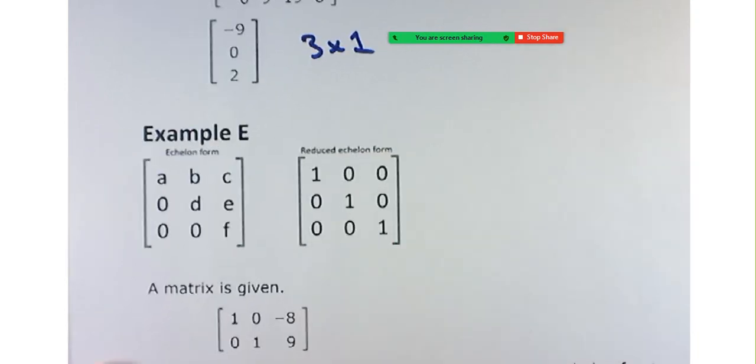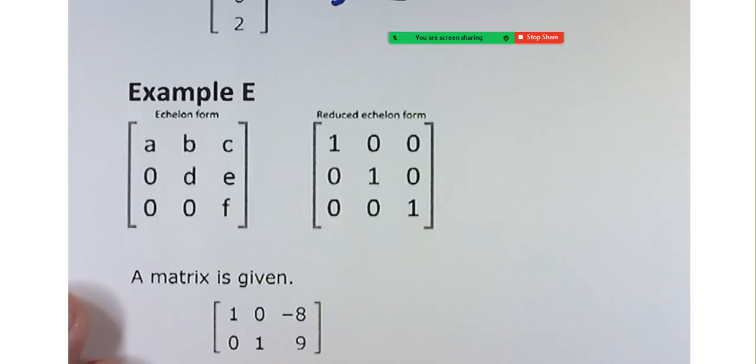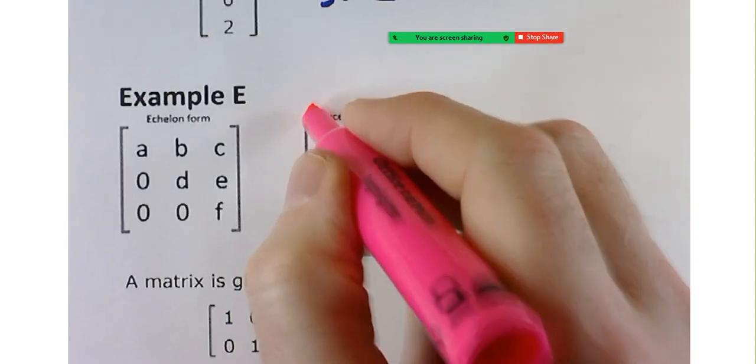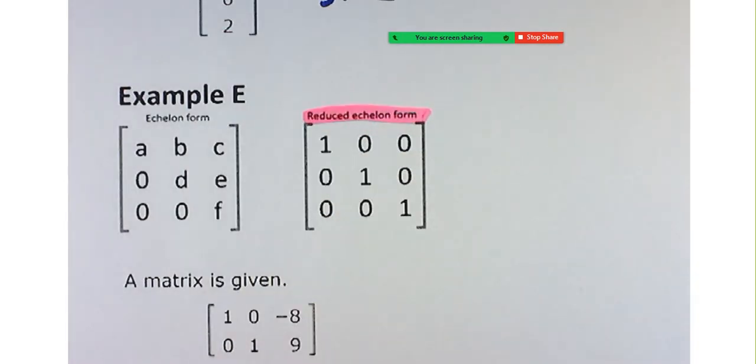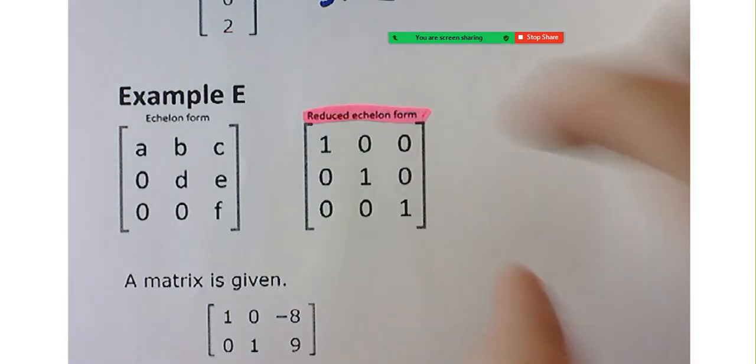Now, let me give you some more official ideas about what a row echelon form is. Row echelon form is going to be the leading part of your augmented matrix. It's not going to be the right-hand side, kind of like this.